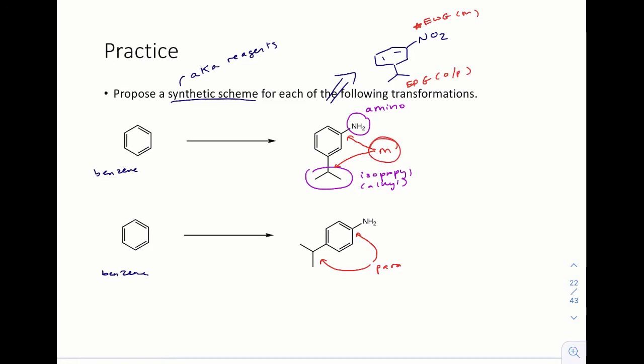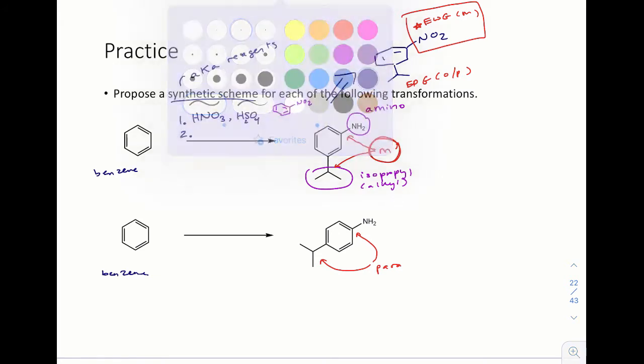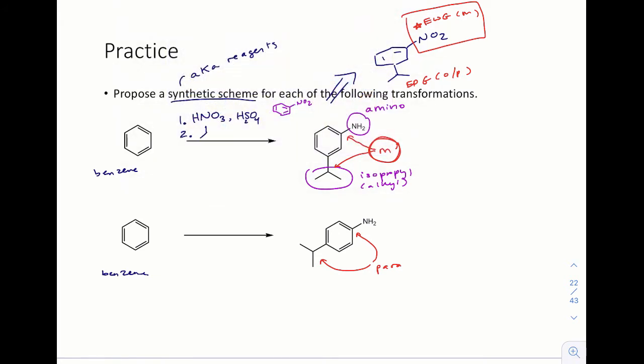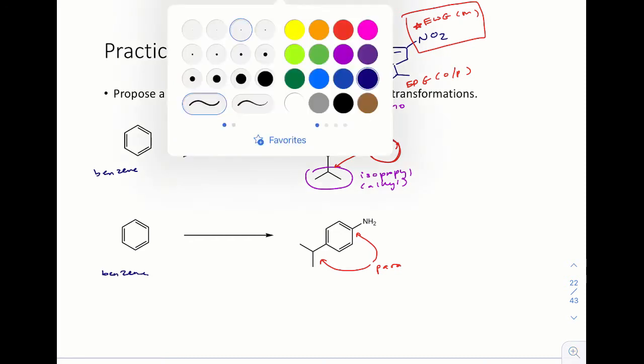Since there is a meta relationship between these two groups, we will use nitro to direct isopropyl to the meta position. So first, nitration to generate nitrobenzene. Then Friedel-Crafts alkylation. It is worth noting that nitrobenzenes are so electron poor, because nitro is such a strong withdrawing group, that Friedel-Crafts alkylations of nitrobenzenes can be difficult, since the ring is required to act as a nucleophile in that reaction.